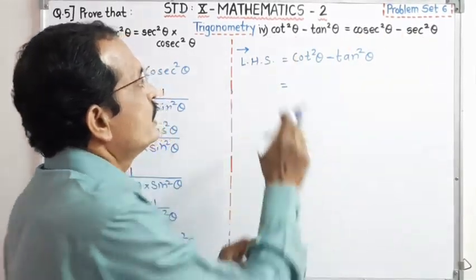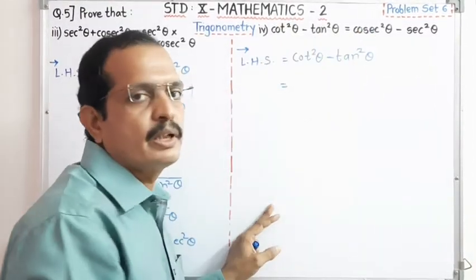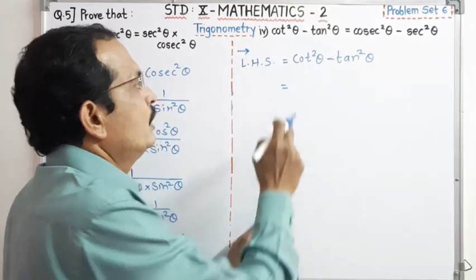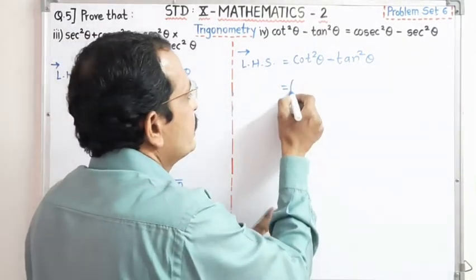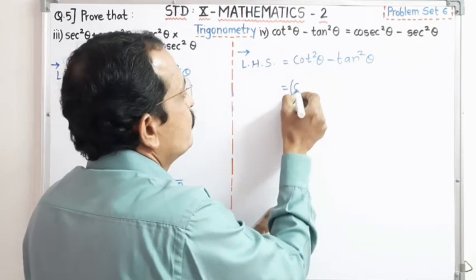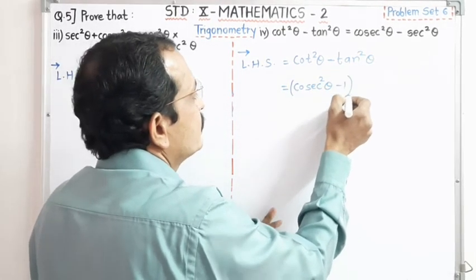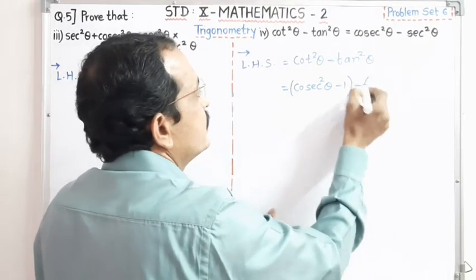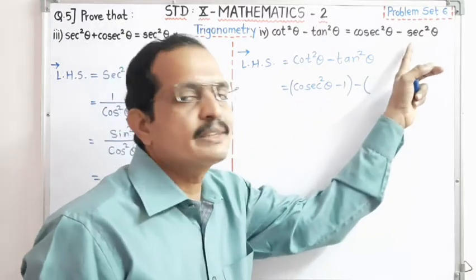see dear student, this cot square theta we can write in the form of cosec square theta. We know the formula, the identity. By that identity, instead of this we can write cot square theta means cosec square theta minus 1, then minus this tan square theta we can convert into the form of sec square theta.